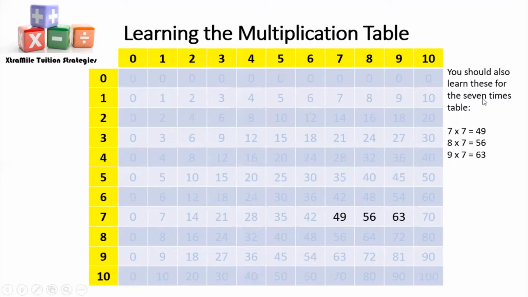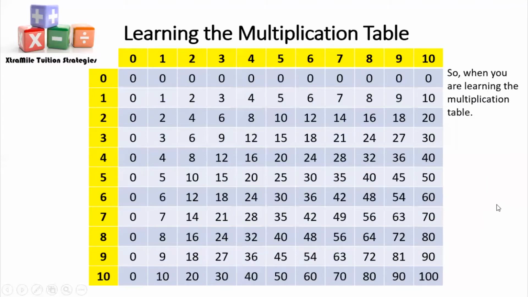You should also learn these for the 7 times table. 7 times 7, 49. 7 times 8, 56. 7 times 9, 63. Write these down, learn them. You should also learn these for the 8 times table. 8 times 8, 64. 8 times 9, 72. And for the 9 times table, 9 times 9 is 81.